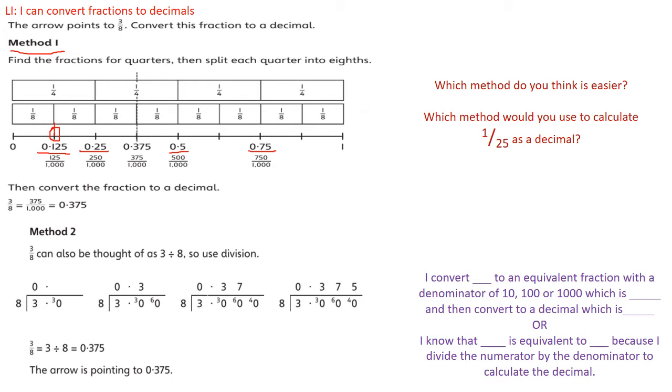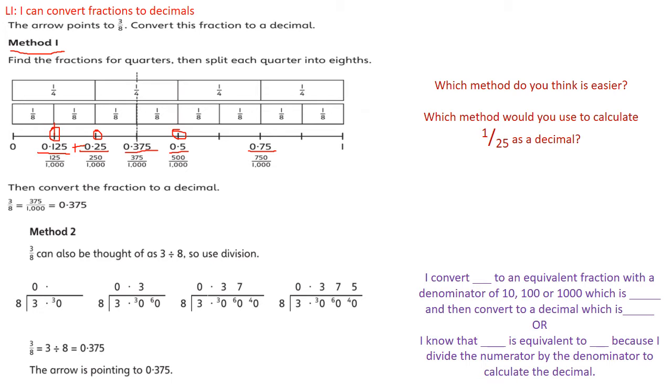Therefore, halfway between this one and this one is going to be 0.25 plus 0.125, which is going to give me 0.375. And that as a fraction, we can say that 3/8 is also equivalent to 375 thousandths.